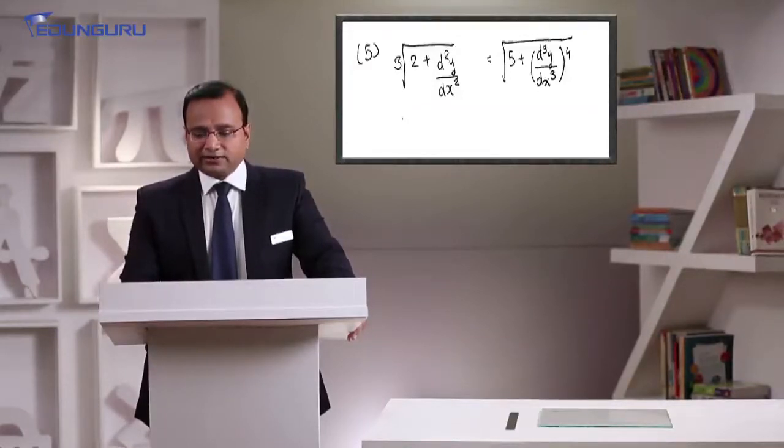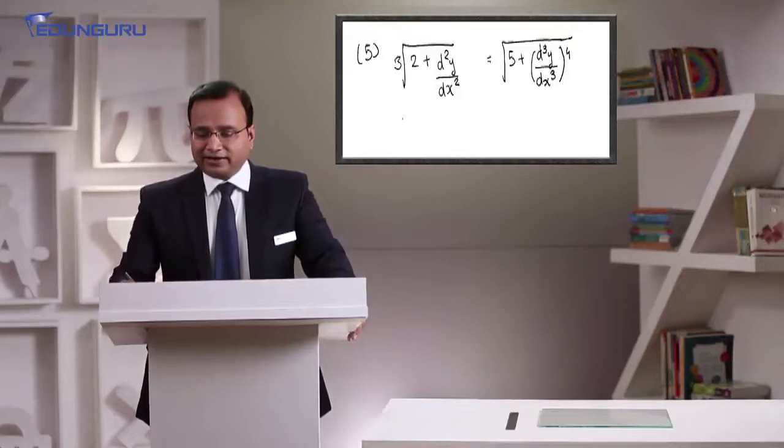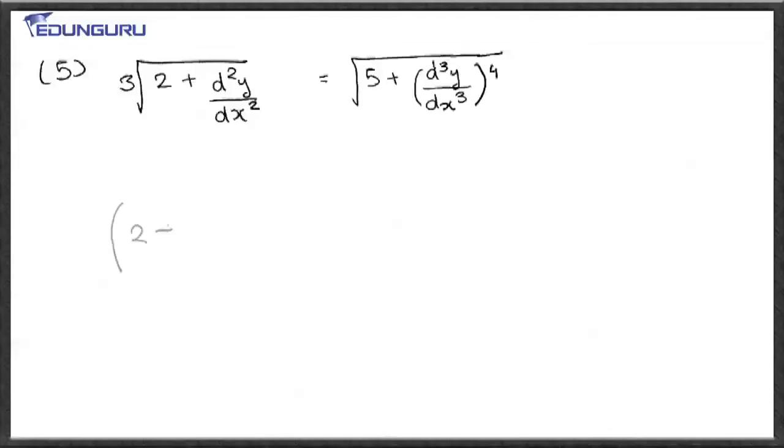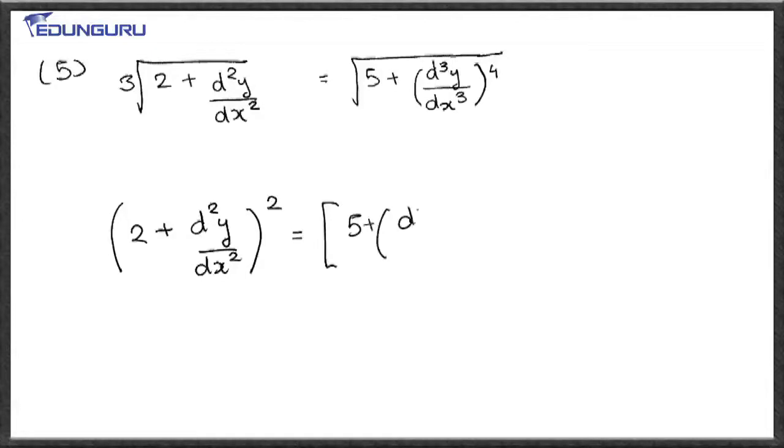The order is very clear. The order of the differential equation is 3. It's only for the degree that you need to remove the radical signs both from the left hand side and from the right hand side. So I raise both sides to 6 and I get (2 plus d2y/dx2) whole square is equal to (5 plus (d3y/dx3) whole to the power 4) whole raised to 3.